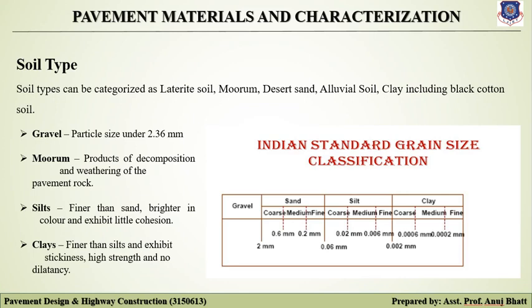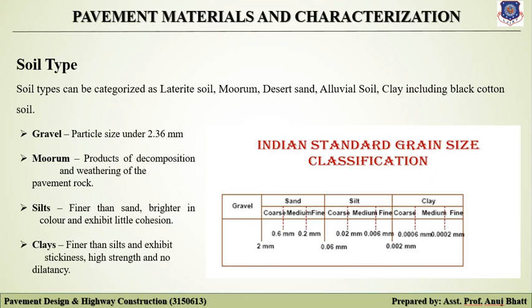Next are clays. Clays are finer than silts. Clay soil exhibits stickiness, high strength when dry, and shows no dilatancy. Also, black cotton soil and other expansive clays exhibit swelling and shrinkage properties.